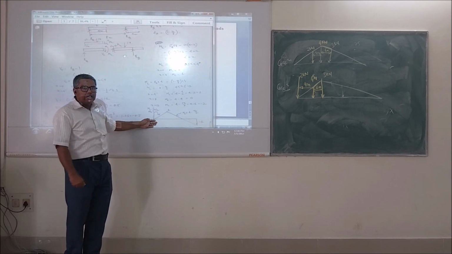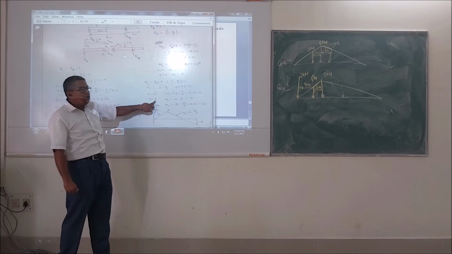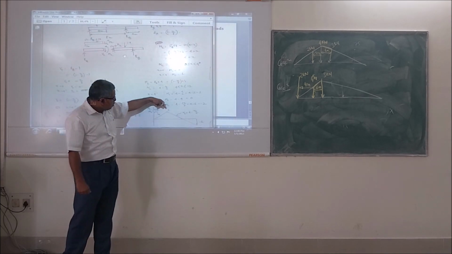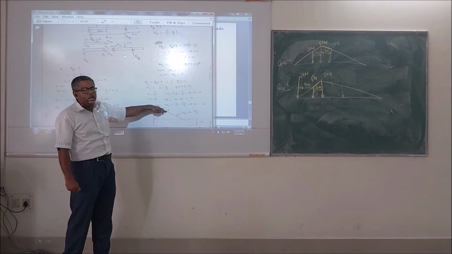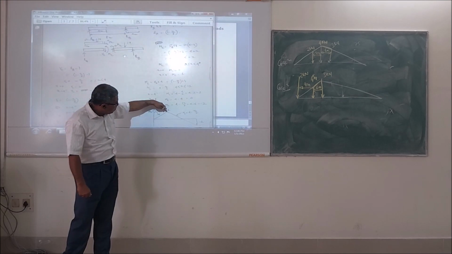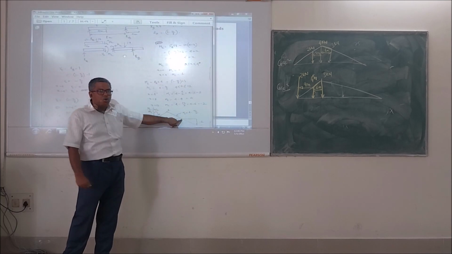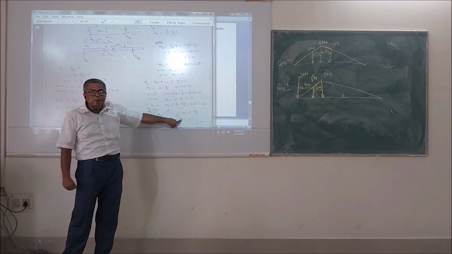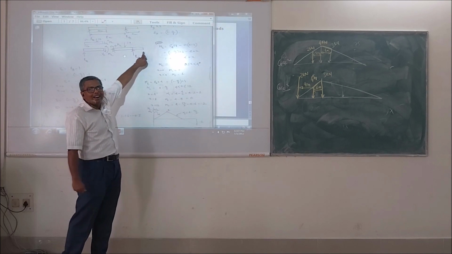Now you put the limiting condition, you will get the value. So if I place x equal to 8, you will get the value equal to 0. That means your influence line for bending moment will have a straight line, and it will cross a point on the axis of the beam where it will have the value, and then it will go to a negative value because there is an overhang.